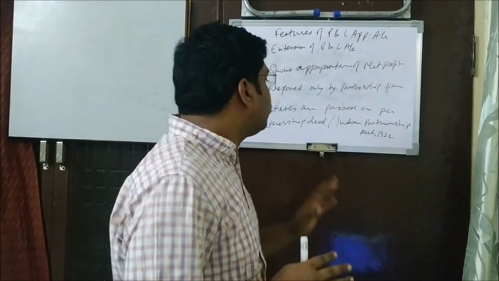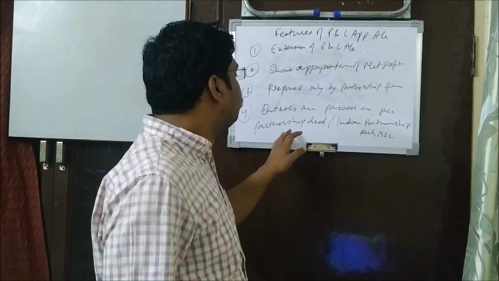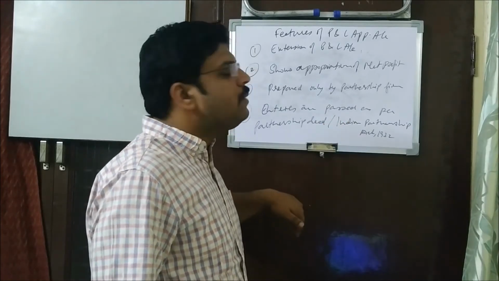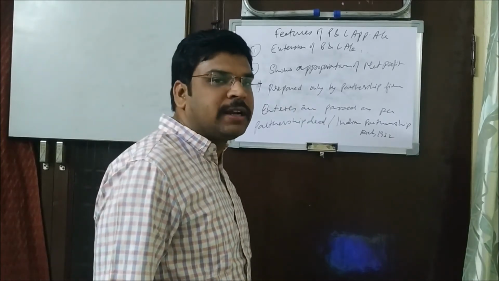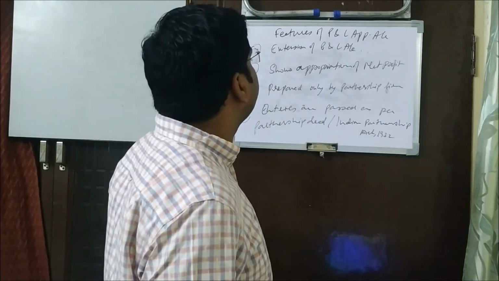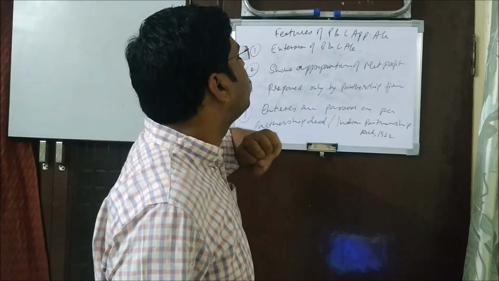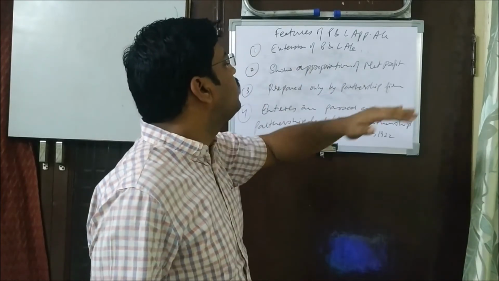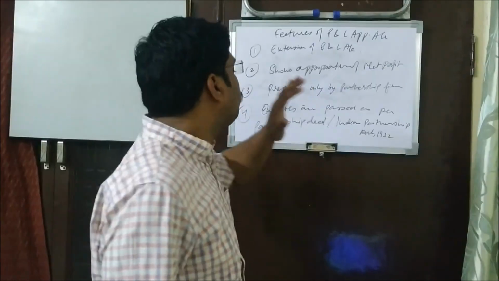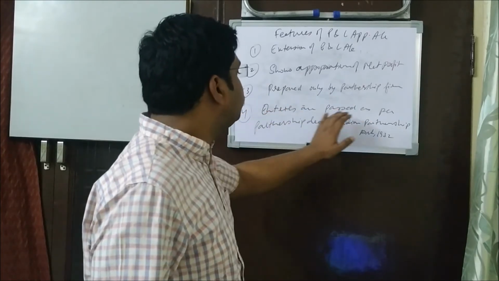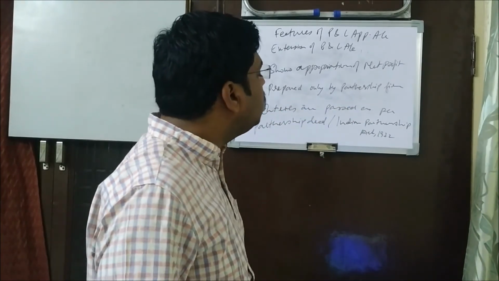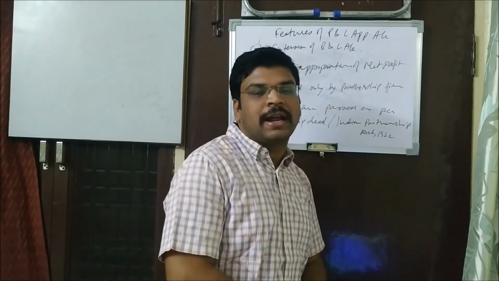So the entries are passed as per partnership deed and Indian Partnership Act. Wherever the deed is not applicable, the Partnership Act is applicable. So these four are the features of the profit and loss appropriation account: it is an extension of profit and loss account, shows appropriation of net profit to various accounts, is prepared only by a partnership firm, and entries are passed as per partnership deed or Indian Partnership Act 1932.